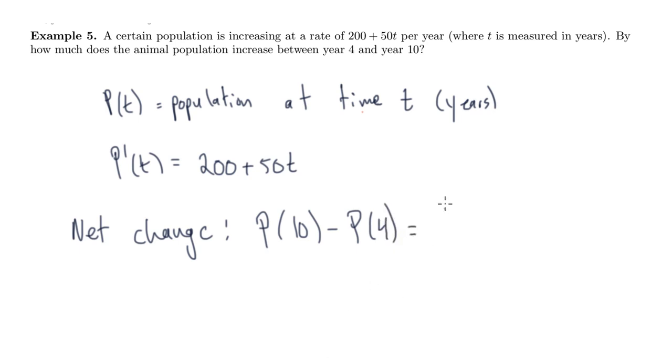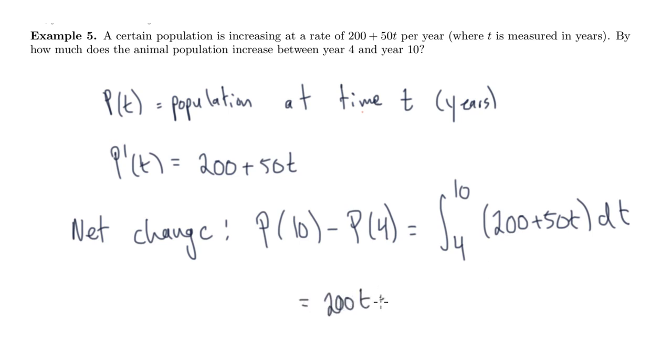Okay, but this is easy, right? This is just the net change theorem. So integral from 4 to 10, and then we integrate the derivative, 200 plus 50t dt. Find an antiderivative, so that's 200t plus 25t squared, evaluated from 4 to 10.